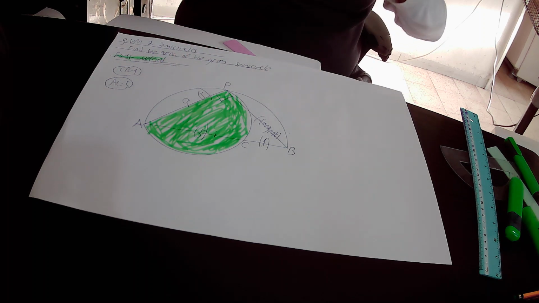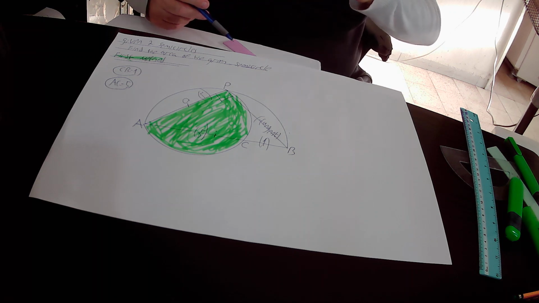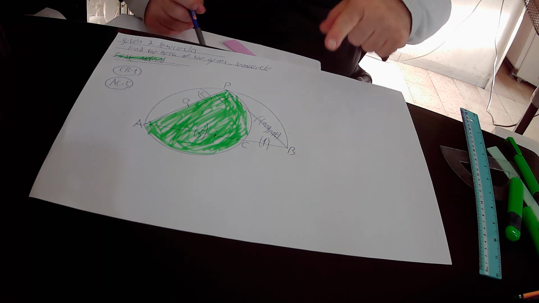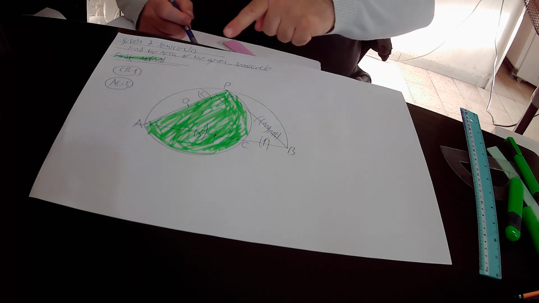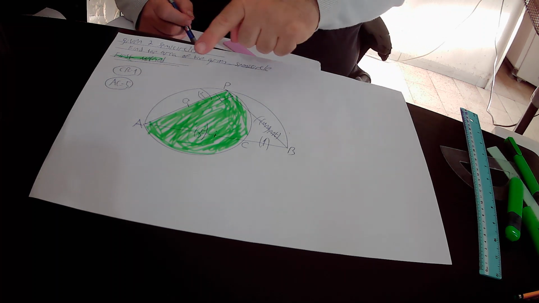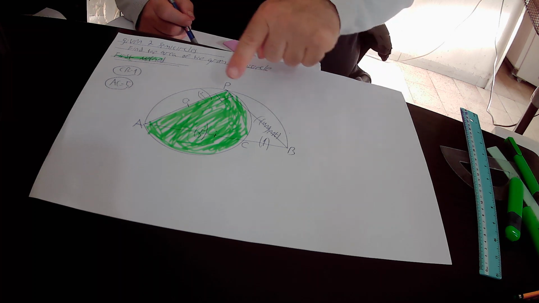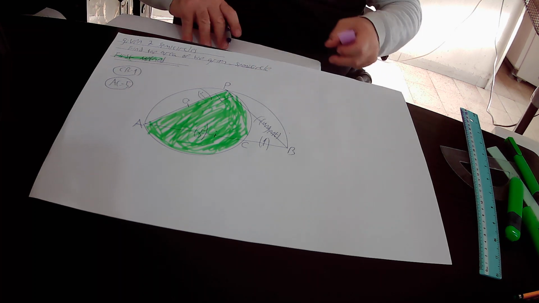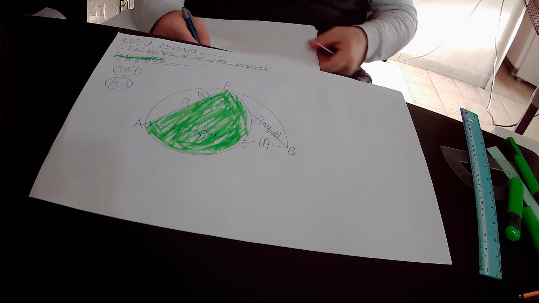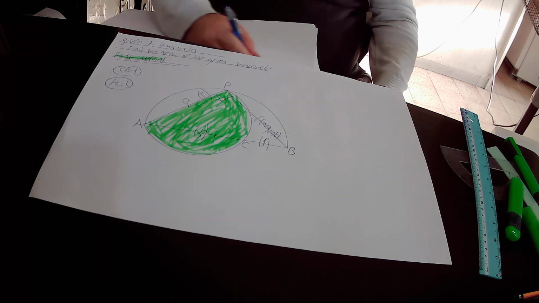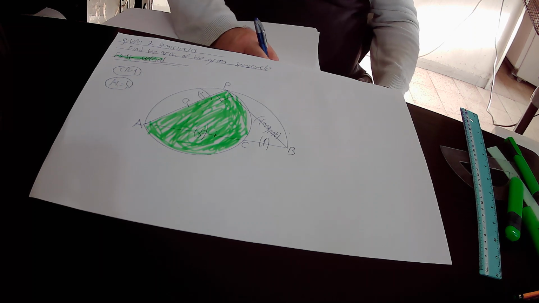Therefore, all the requirements of rule 10 are satisfied, and according to rule 10, the following equation will be true: BP square equals BC times BA. Again, BP square equals BC times BA. So I write it down.